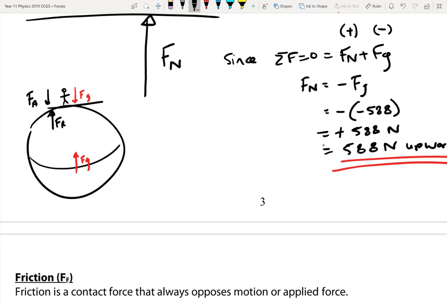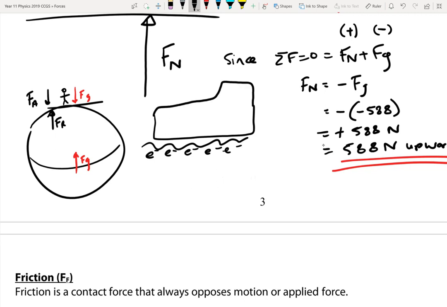Okay? Now, on a deep philosophical level, the reason why I don't fall through the floor is because there are electrons involved in bonds in the surface of the floor, and there are electrons involved in the surface of my shoe, and there's a special rule that says that electrons can't exist in the same space with the same spin.